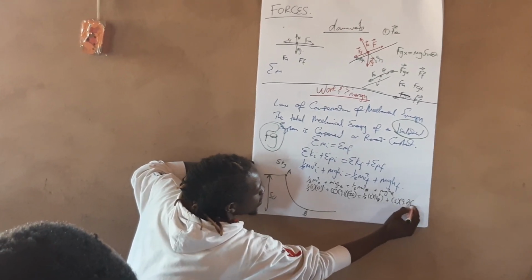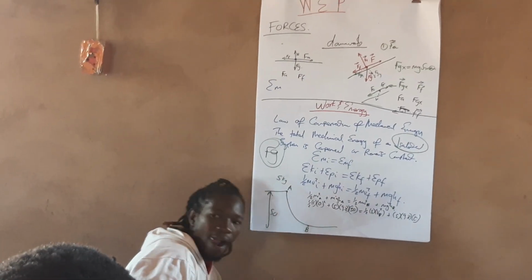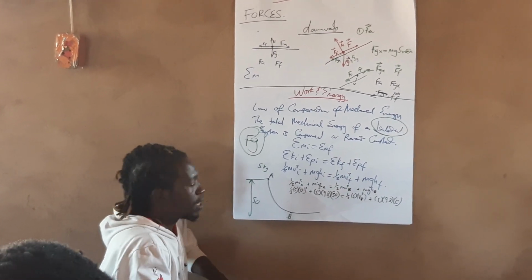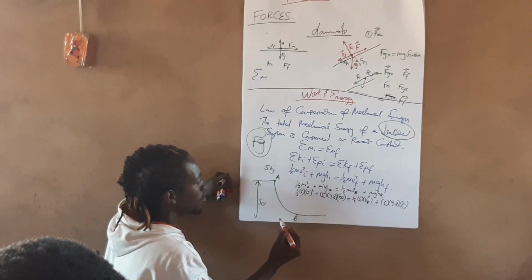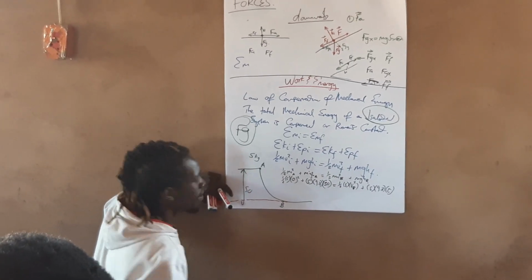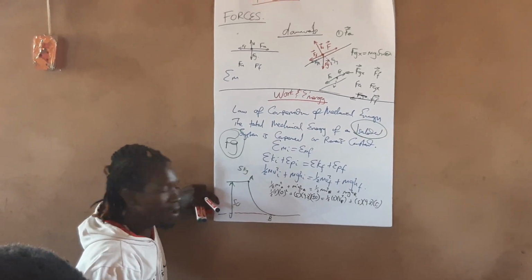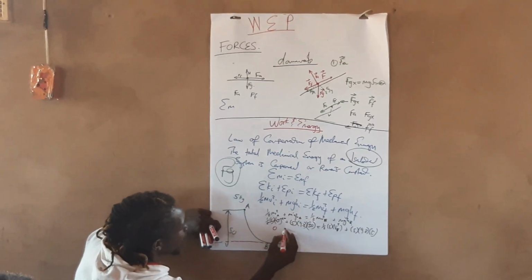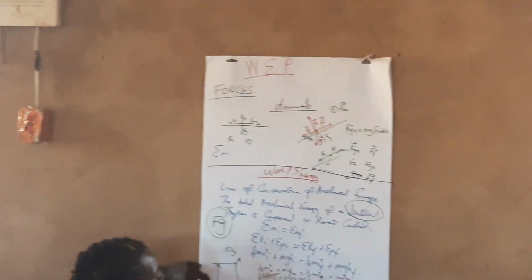And what is our height? 0 now. Our height at point B is 0, because this is at the ground level. So this whole thing was going to give us 0 because of this 0. And this will give us what?